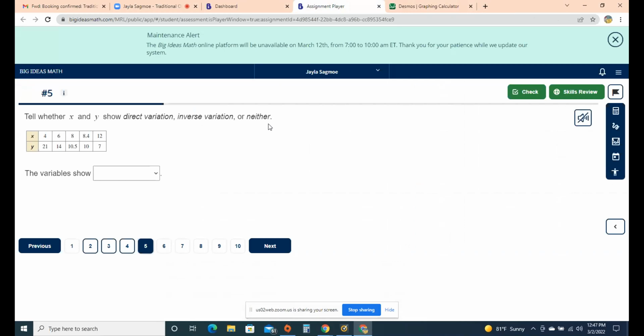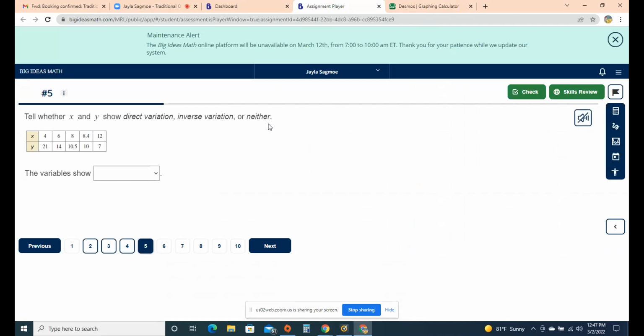Yes. Multiply the x and the y values. So like 4 times 21, what does that equal? Oh my goodness, 81. Sorry, I mean 84. Yeah, 84. And then 6 times 14 also equals 84, and so on.